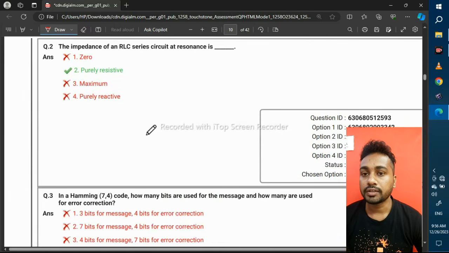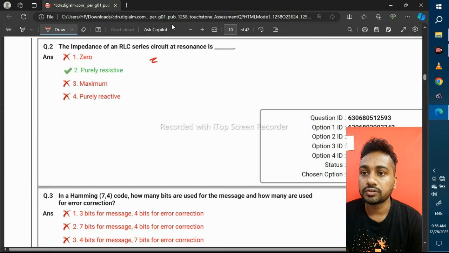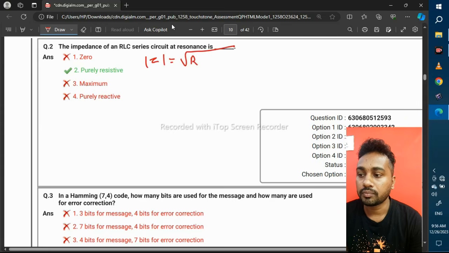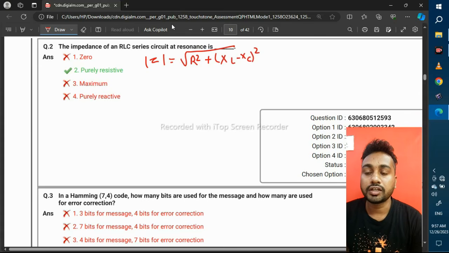Next, the impedance of RLC series circuit at resonance. If we talk about RLC series circuit, then Z equals root under R square plus (XL minus XC) whole square.